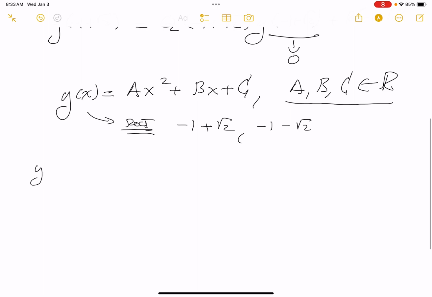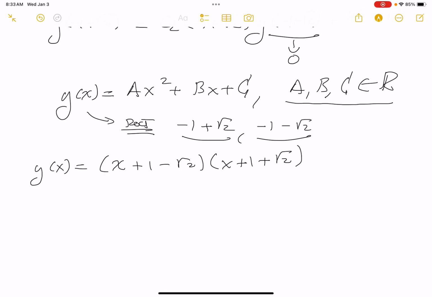So I'm going to put g of x down for you. And that's going to be x minus this root, which would be x plus 1 minus root 2, and then x minus this root over here, so x plus 1 plus root 2. I need to multiply that out because I have to divide, by the way. And what do you get there? x squared plus x plus root 2 x. Then you get plus x plus 1 plus root 2.